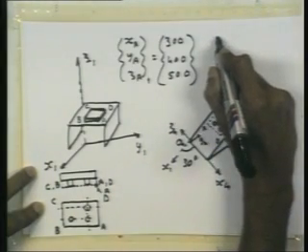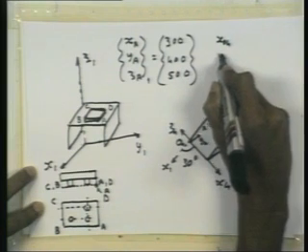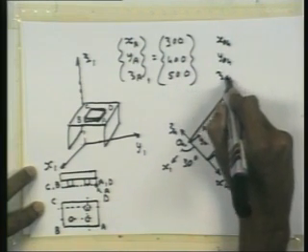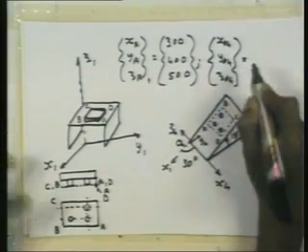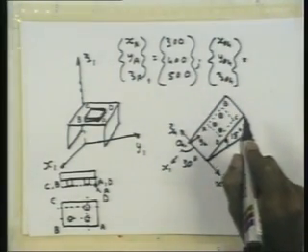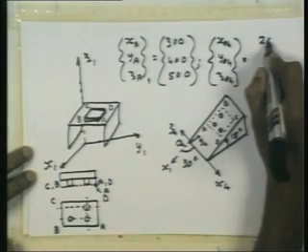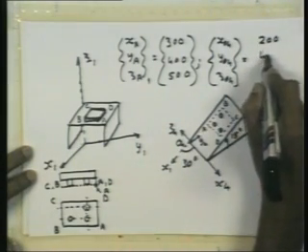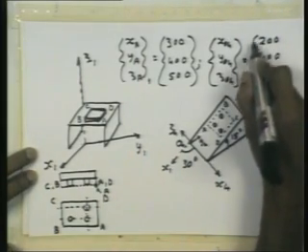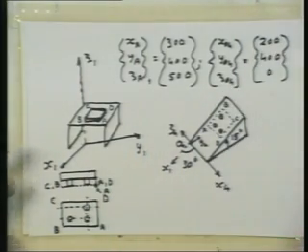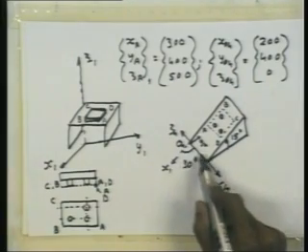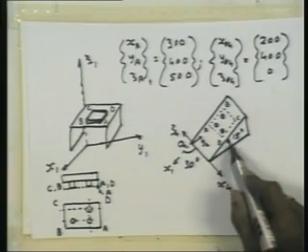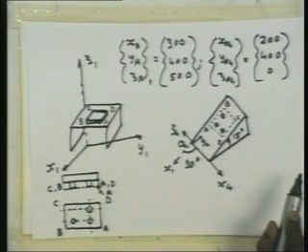So x04, y04, z04. So that point is on the x1 y1 plane. So that's given. These two angles are given. The angle made by this edge and this particular inclination, those are also given.